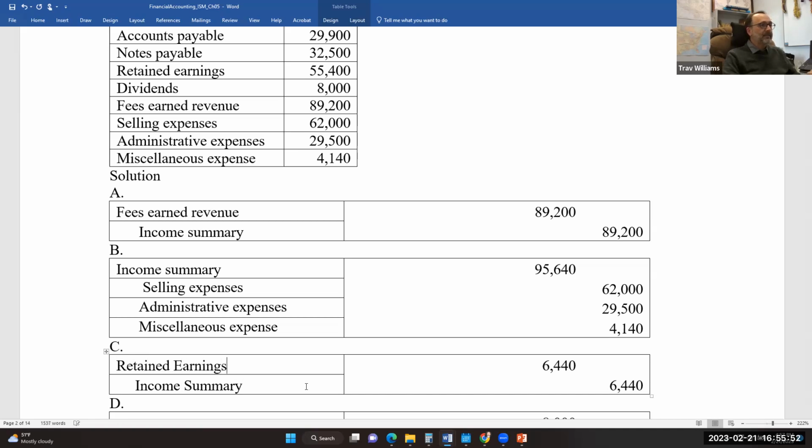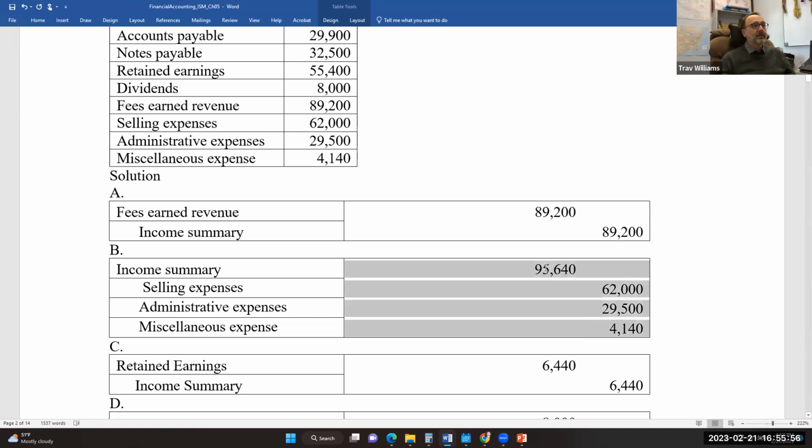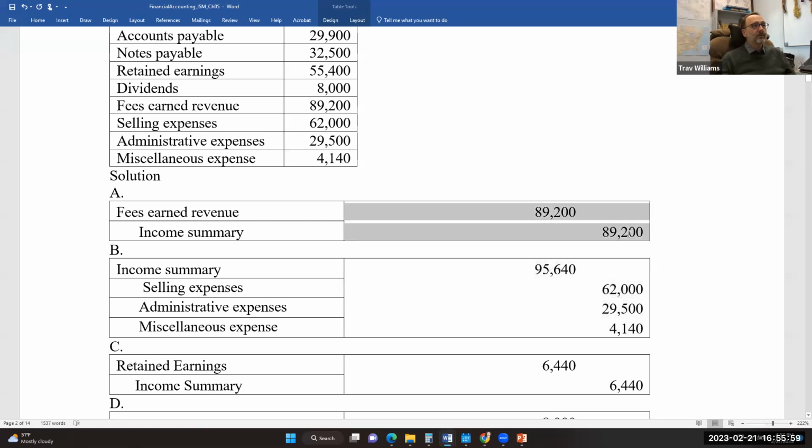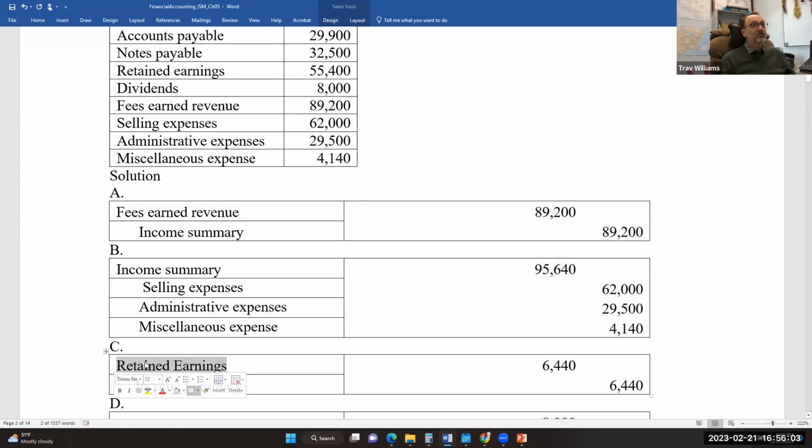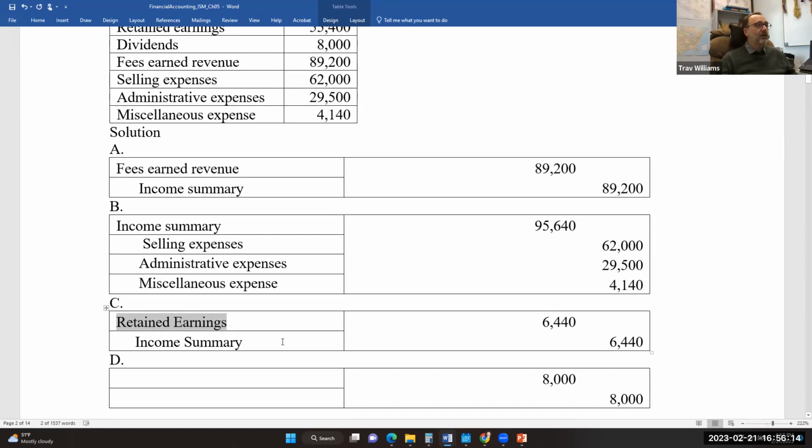If this does not make sense, another way to think of it is when your expenses are more than your revenues, you need to debit retained earnings because you lost money and your retained earnings is going down, and you need to credit the income summary account. And then our final step is always debit to retained earnings, credit to dividends, unless, of course, we didn't have any dividends.